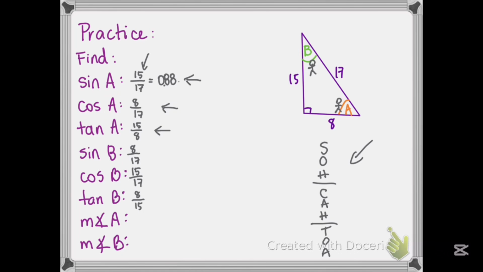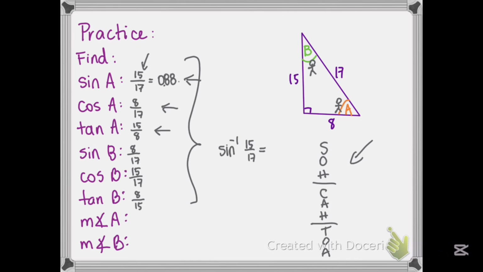Now they're asking for the measurement of the angle A and B. So let's use either of these to find it. I'm going to use, for example, the inverse sine, or arc sine as it is also called, of 15 over 17. I would suggest that you use the fraction, not the decimal, because that would give you a more exact answer.